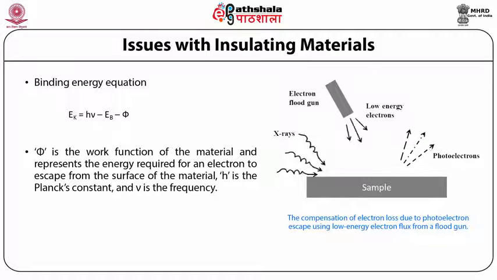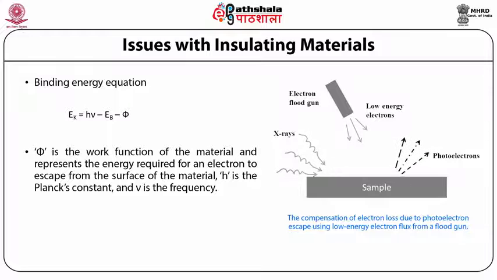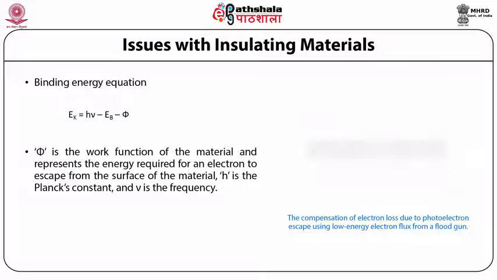When a conducting material is electrically contacted to a spectrometer, in the equation above, φ is the work function of the spectrometer and its value is constant. However, for an insulating sample, it is not certain and is related to the surface potential of the material. Photoemission from an insulating material builds up positive charges on the surface of the sample.